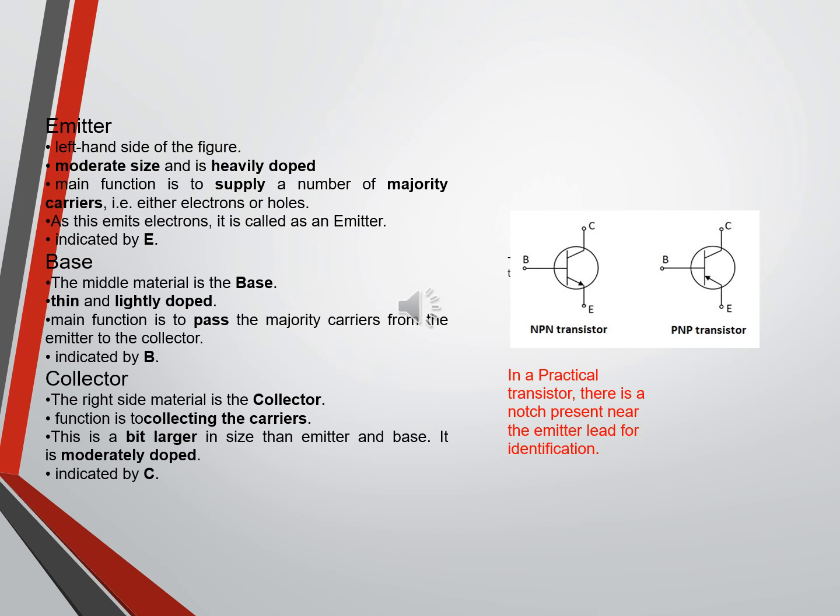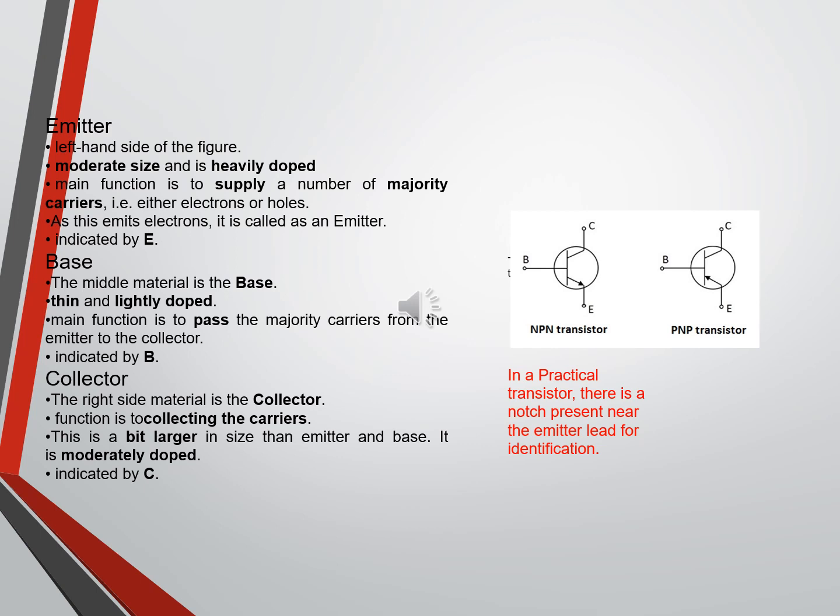In a p-type semiconductor, the majority carriers will be holes, and in n-type semiconductors, the majority carriers will be electrons. As it emits electrons, it is called an emitter, and it is indicated by the symbol E.